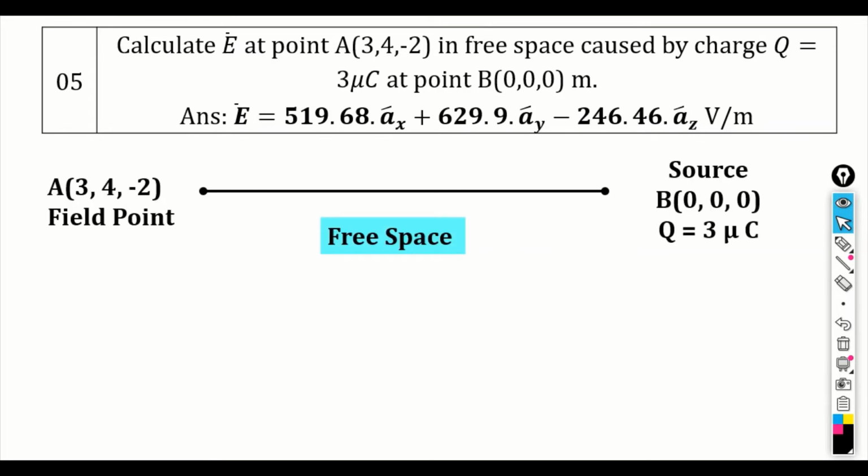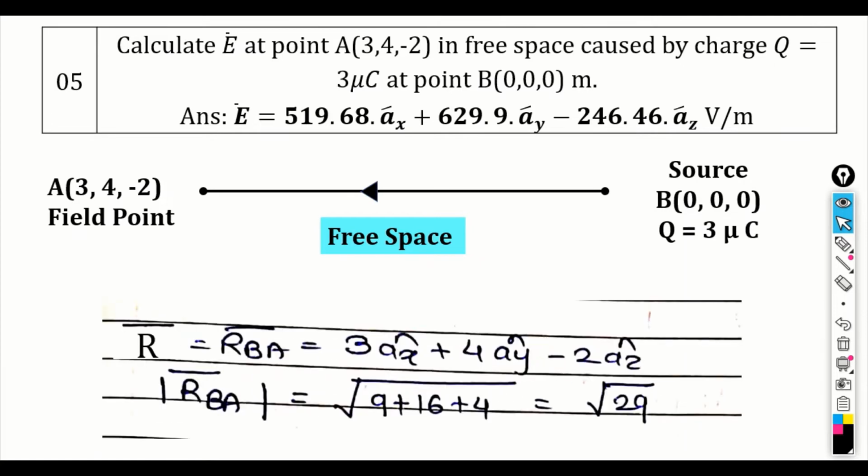So I am supposed to calculate the electric field intensity at point A. So it is called as my field point. I am supposed to calculate electric field intensity due to the charge which is available at B. So B coordinates are given to you 0, 0, 0, that is origin. So your vector will be pointing from B towards A. The media which is given to us is free space.